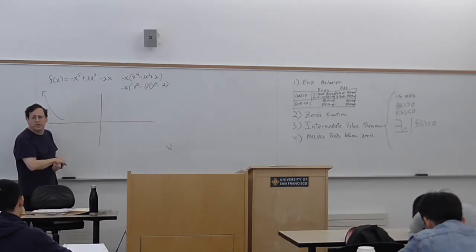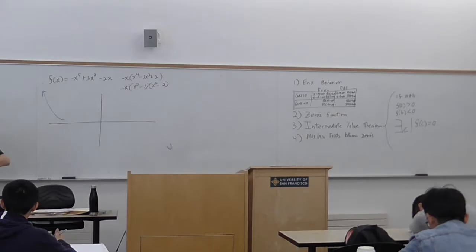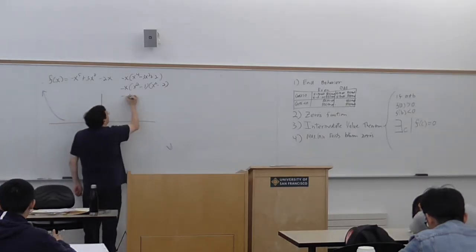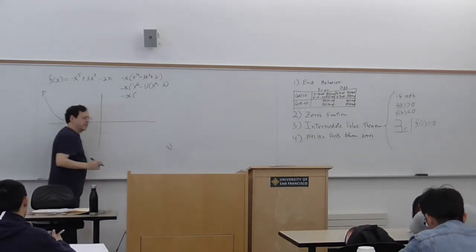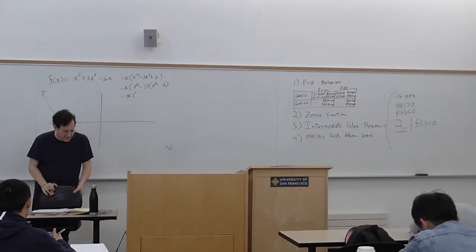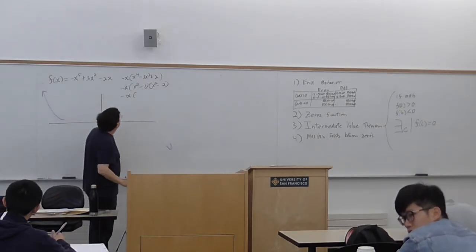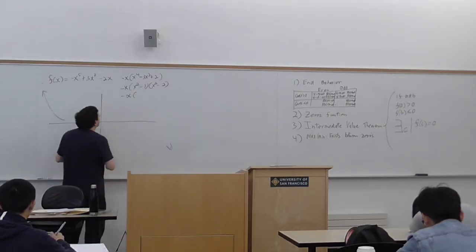Yeah, Midori? You have a question? Wouldn't it be x squared minus x? Oh, yeah. I'm sorry, I guess I didn't hear what you said. I was just wondering, because the middle term is 3x squared, wouldn't it be x squared minus x? Okay.